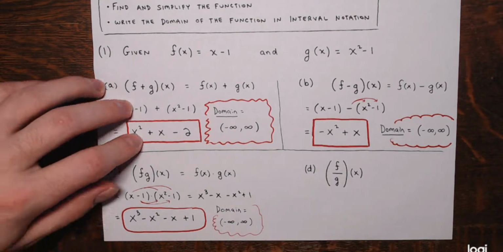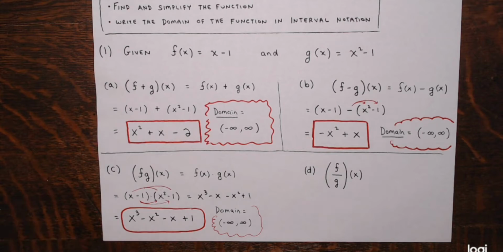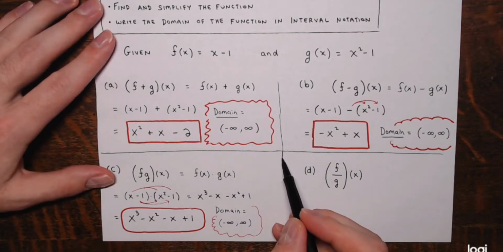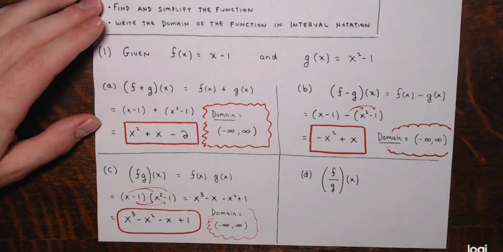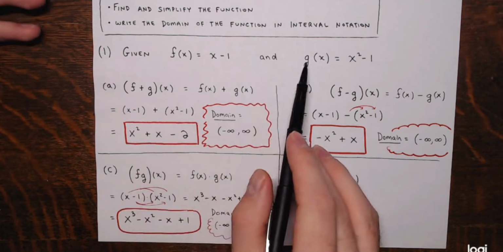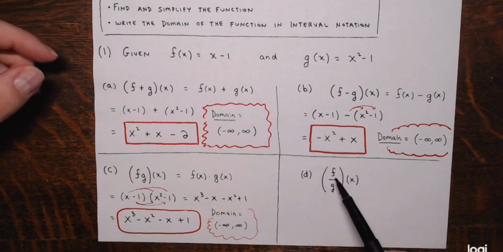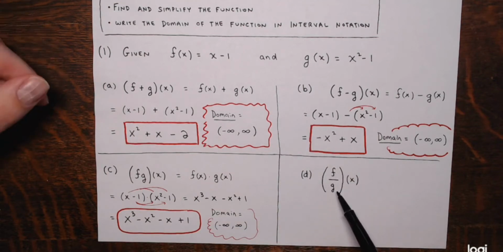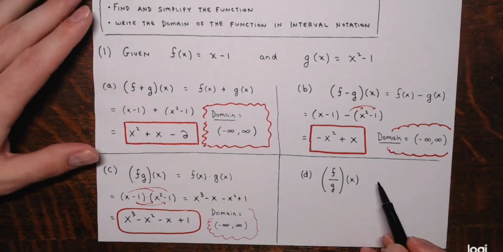Okay. All right. And then the last one here, part D, for example 1. We're taking these two functions, f and g, and creating a new function called f divided by g, or f over g, or whatever you want. That means that you're taking the ratio of f and g.